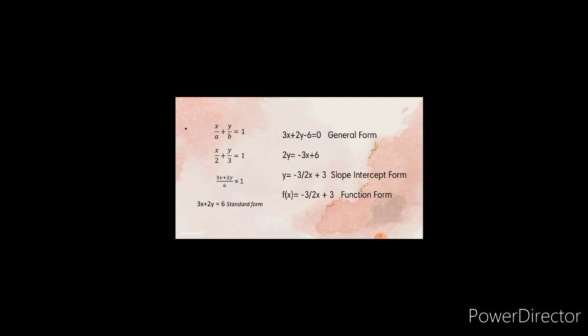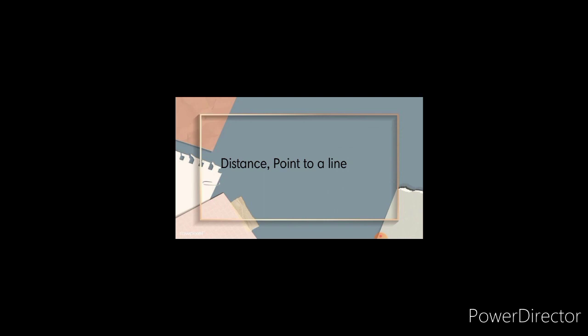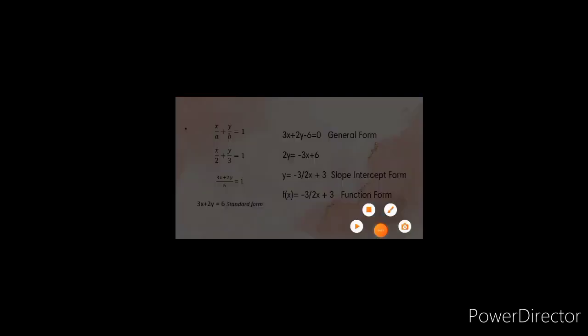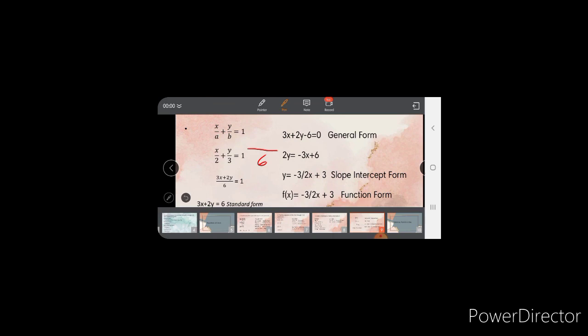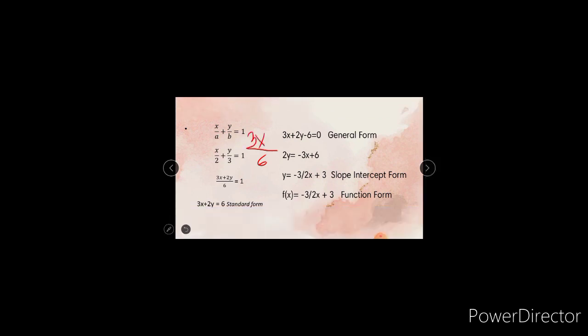I have this trick that I use to make it easier to add or subtract fractions. So 2 times 3 is equal to 6. Then 3 times x equals 3x. Then 2 times y is 2y.